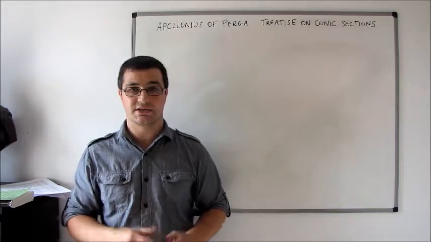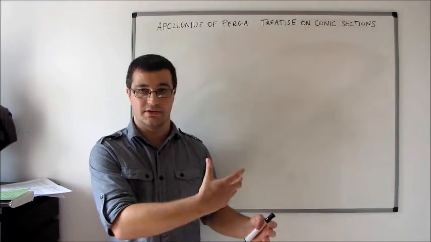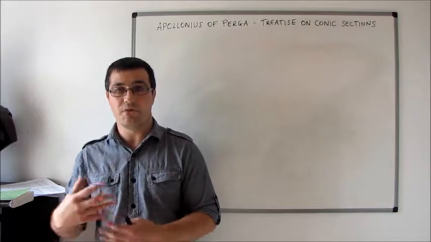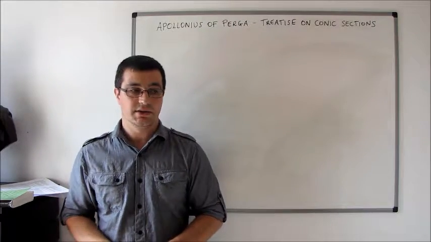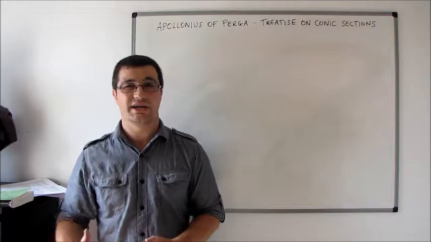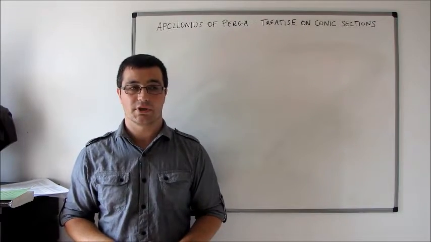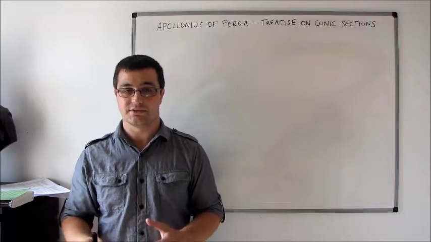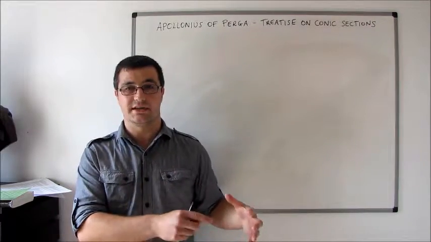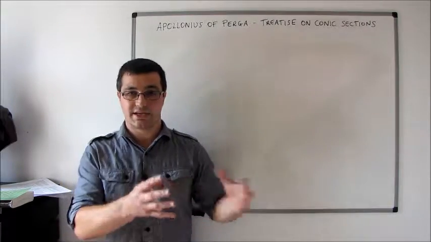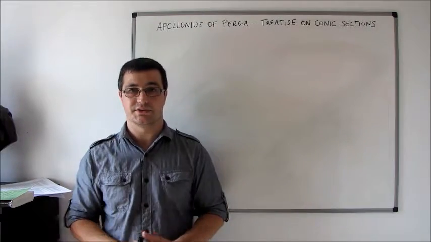So he tries to retain some of the original presentational style of Apollonius, while modernizing some parts, bringing in some algebraic derivations and translating some of the geometrical ideas into algebra, while still maintaining that geometrical feel to the work.